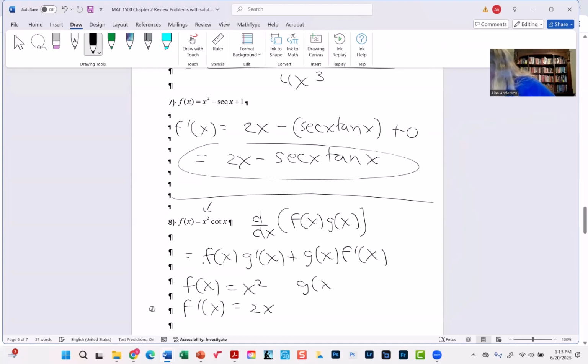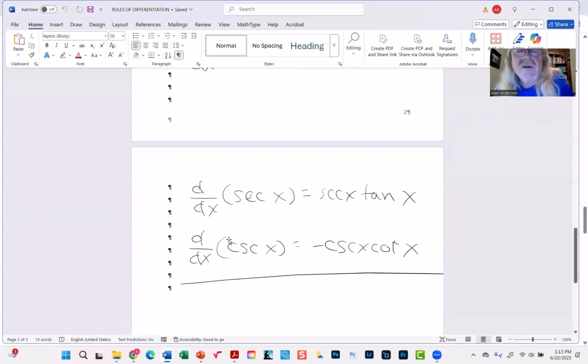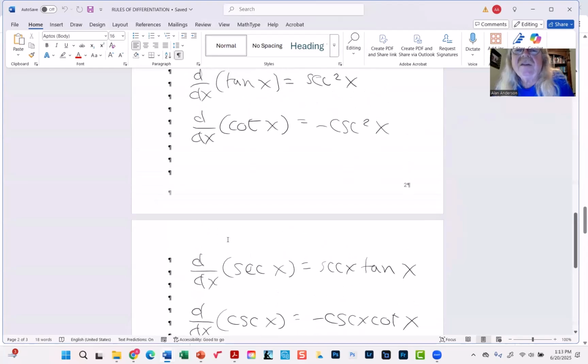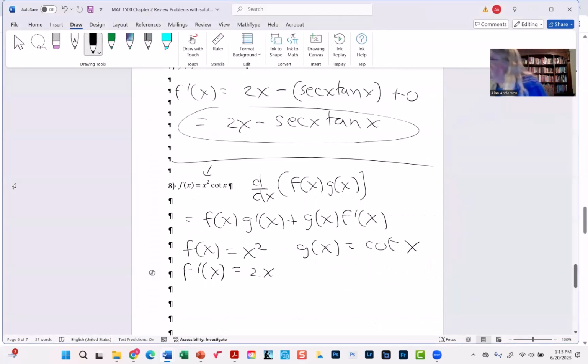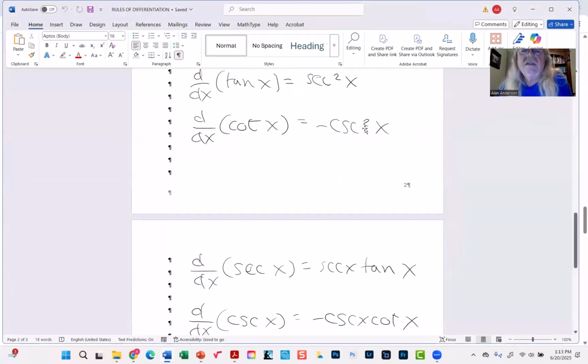G of x is the cotangent. And again, I very helpfully put this on a chart here. That would be negative cosecant squared x. Well, all right then. Yeah, right here, negative cosecant squared.